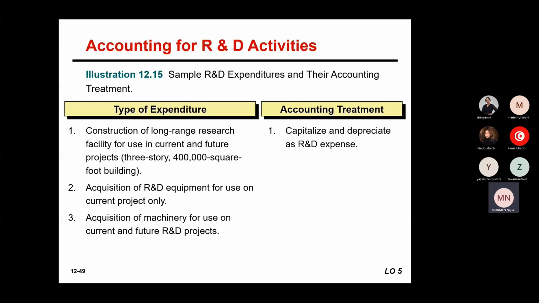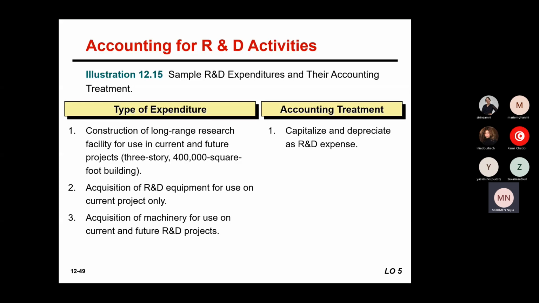Please keep in mind that when you have any expenditure that is meant to be used exclusively for one project, in most cases it should be expensed unless, as we said, we have economic viability proven.